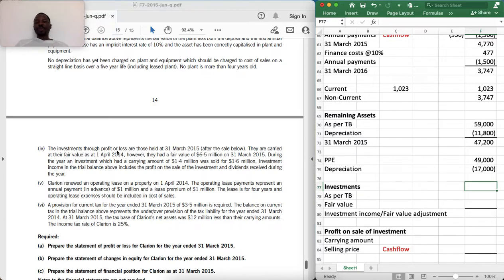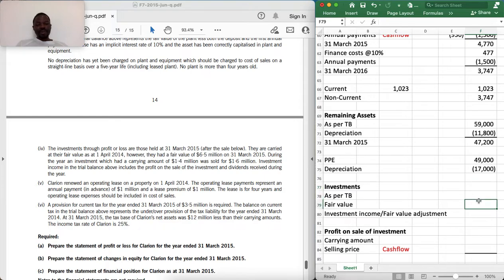The investment through profit or loss are those held at 31 March 2015 after the sale below. So after the sale, they are carried at their fair value on 1 April 2014. However, they have a fair value of 6.5.